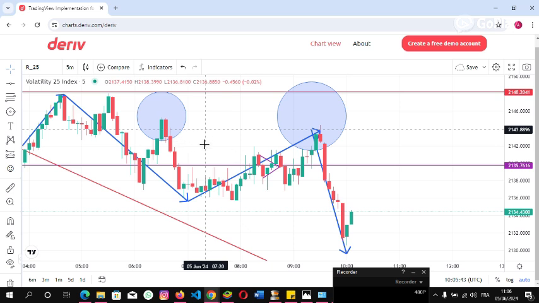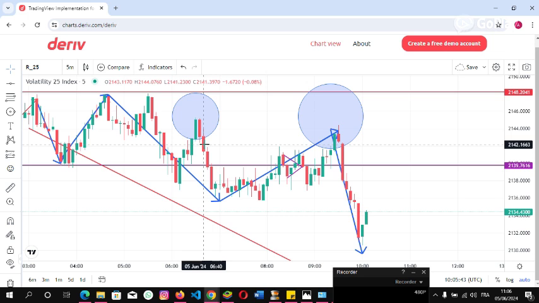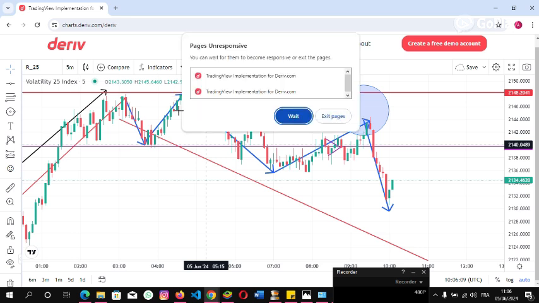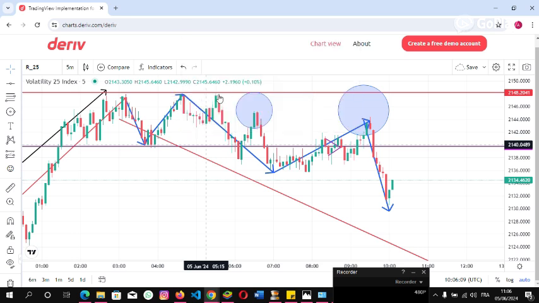The market has been forming a series of lower highs, a series of lower highs. So when I zoom out like this, as I'm doing now, you will notice that this is the first high here, and the series of next highs are lower highs. So these lower highs, as you can see here, lower highs.